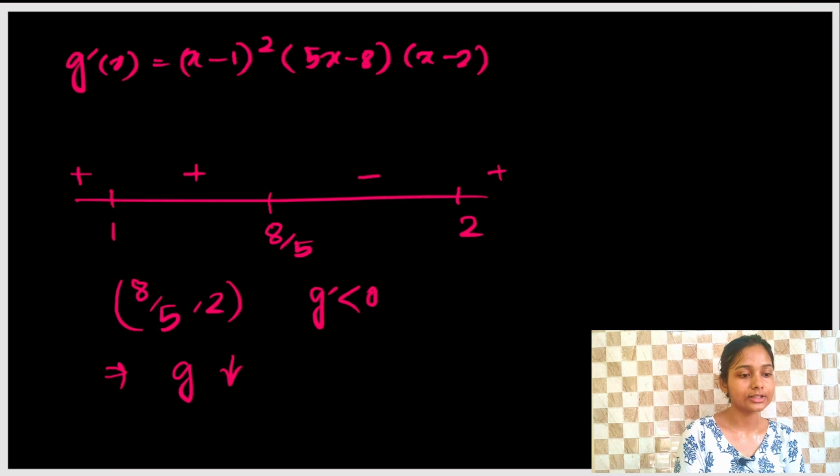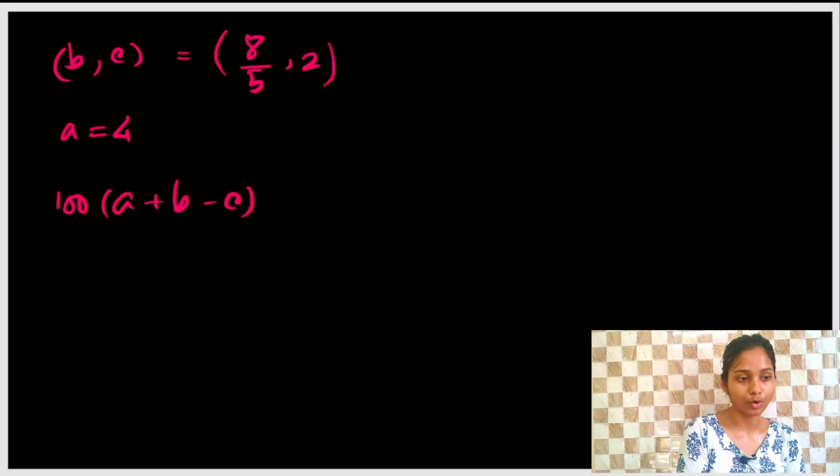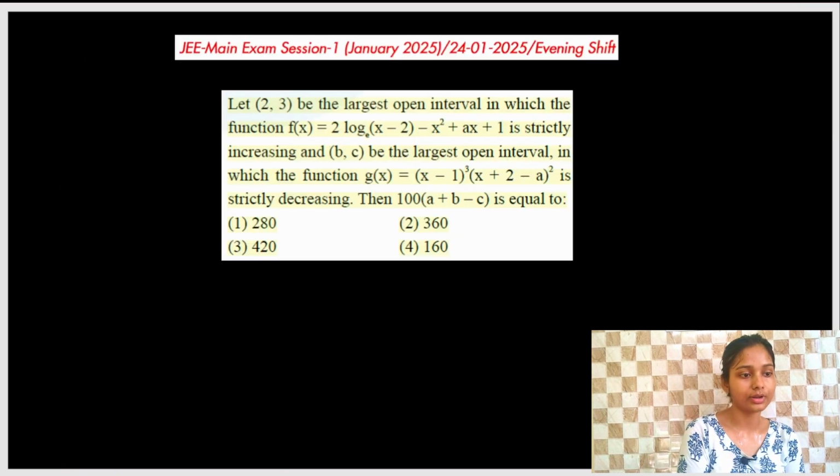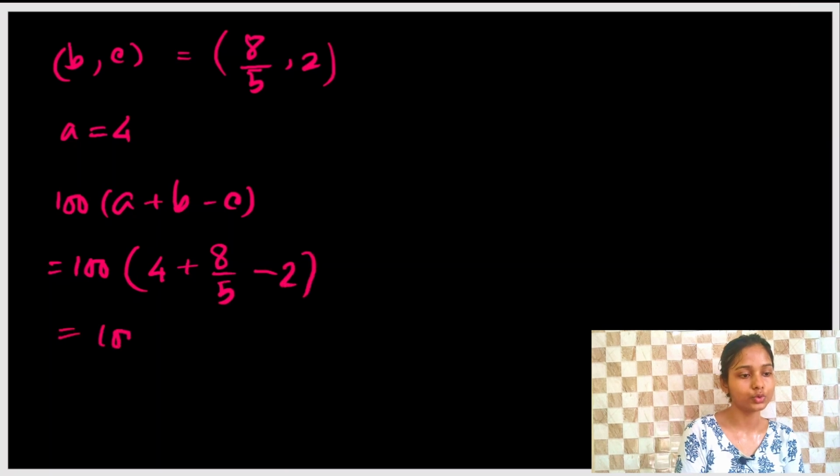That means the function g is decreasing. So we have the values of b and c, 8 by 5, 2, and the value of a was 4. Therefore, if we try to find out the value of the expression 100 into (a plus b minus c), it will give 100 into (4 plus 8 by 5 minus 2).